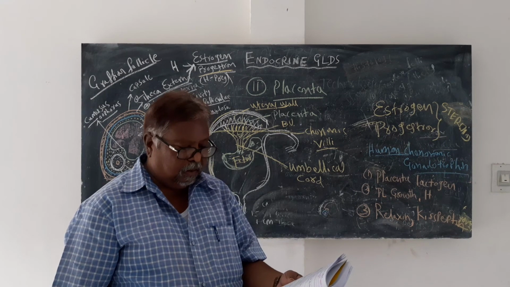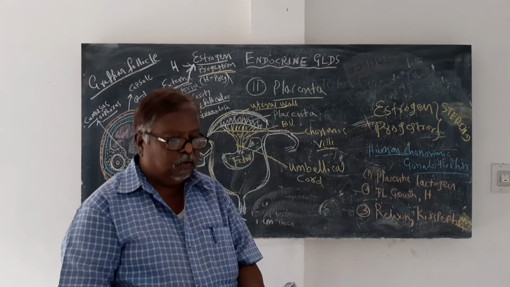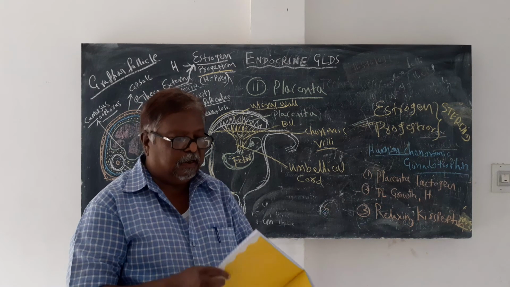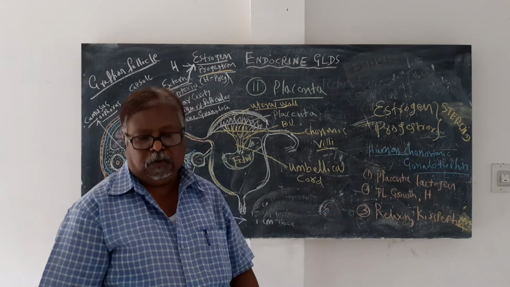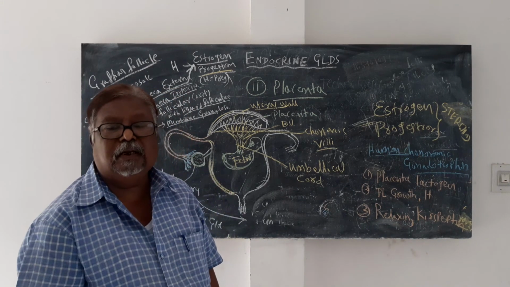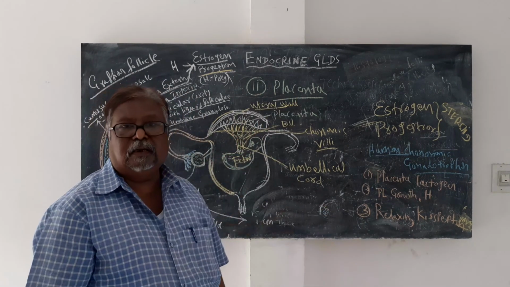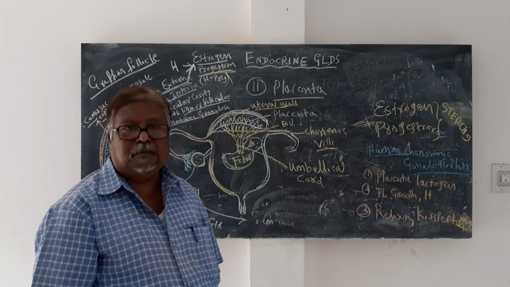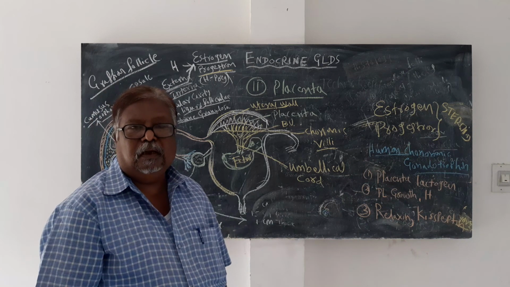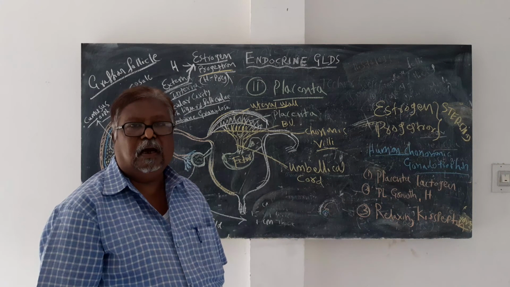The human chorionic gonadotrophin is the first hormone to be released from the developing placenta, and it is measured in the pregnancy test. So this is all about pregnancy and the endocrine system. The endocrine system contains about 11 endocrine glands, which I have explained already. This is the 11th one, placenta. Before that I explained the ovary, the female sex organ, which also produces hormones.